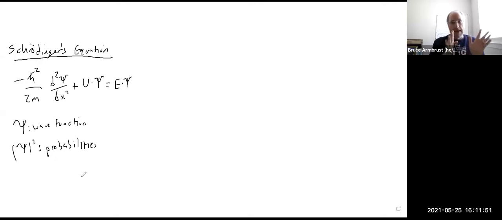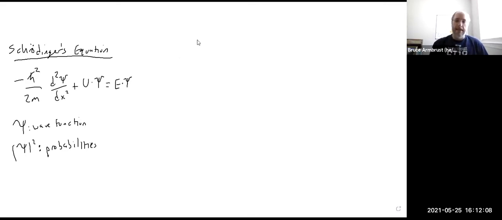Right, but this is the generic, what it looks like. And this was built to try to match what they were seeing experimentally, and it ends up working really, really well. So that's Schrodinger's equation.